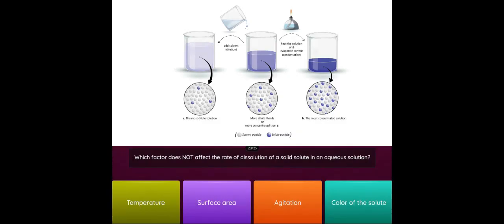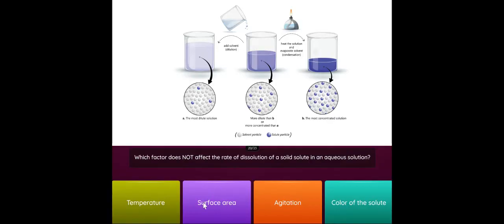Okay, which factor does not affect the rate of dissolution? Temperature. If you warm up water, you can put more solute into it. It increases the solvent capability of the liquid.